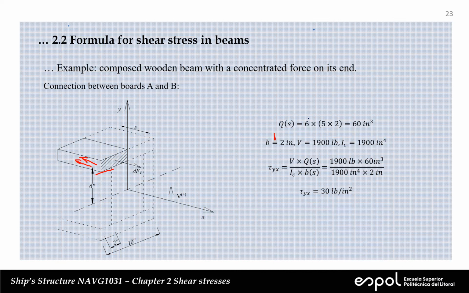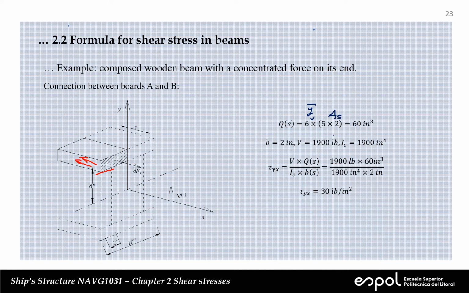And then the cross area here is half the width. The width is 10 divided by 2, that's 5. And the thickness of each one of the boards is 2. So this is the area of the sector. This is Y average. That gives us 60 inches cubed.